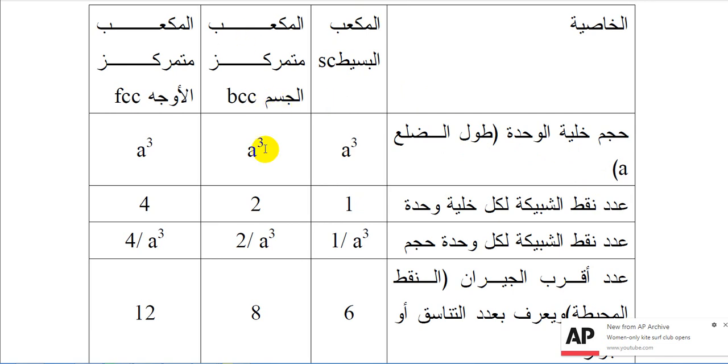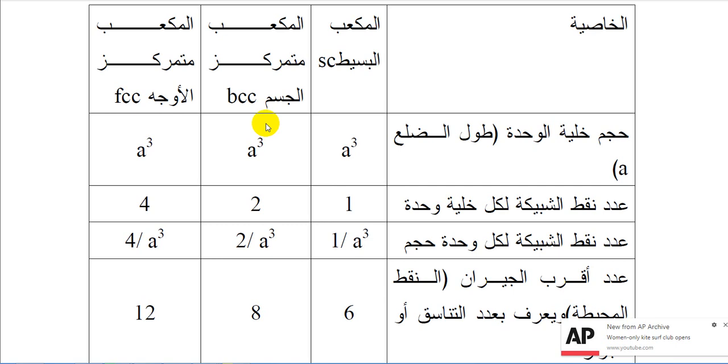In the body centered cubic crystal lattice structure system, the BCC cell, the lateral length is A cubic as well, because just like we stated previously, the cubic is an equilateral 360 fabric. يعني المكعب هو جسم متساوي الأبعاد في كل الاتجاهات 360 درجة.